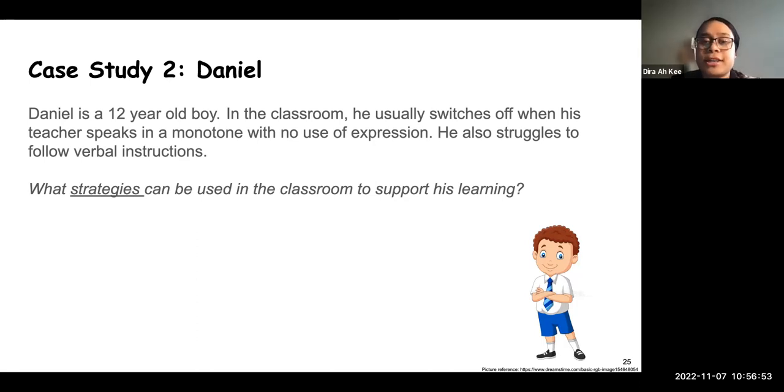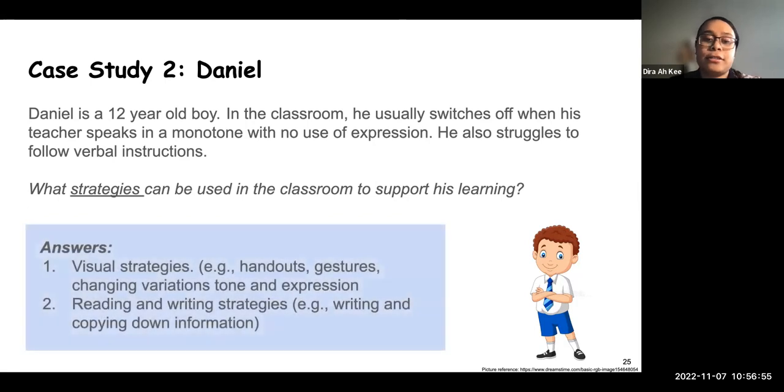However, some strategies we included are use of visuals, so giving handouts, using gestures, and changing the variations in tone and expression. You could also use reading and writing strategies. So this could mean having Daniel write or copy down information. Another way is, if Daniel is comfortable with reading in class, or if he loves reading, you could get him to read out things in class so that he gets to participate rather than automatically switching off in the classroom.